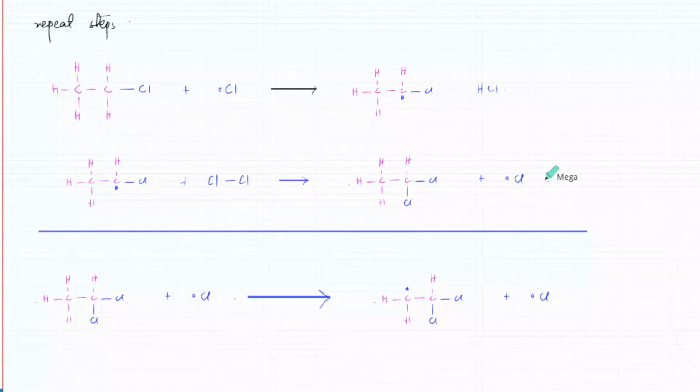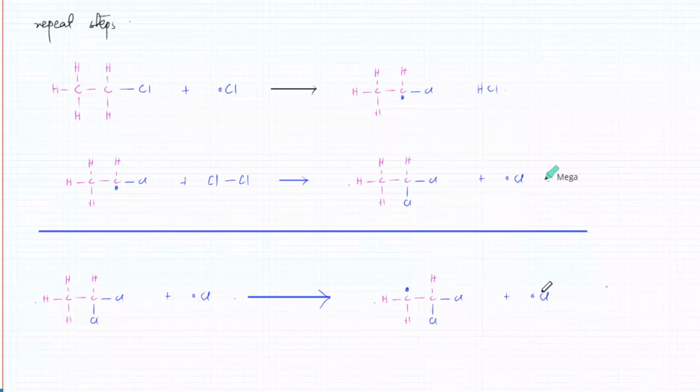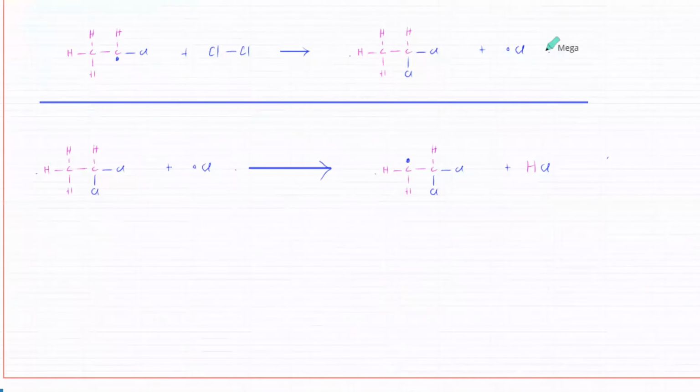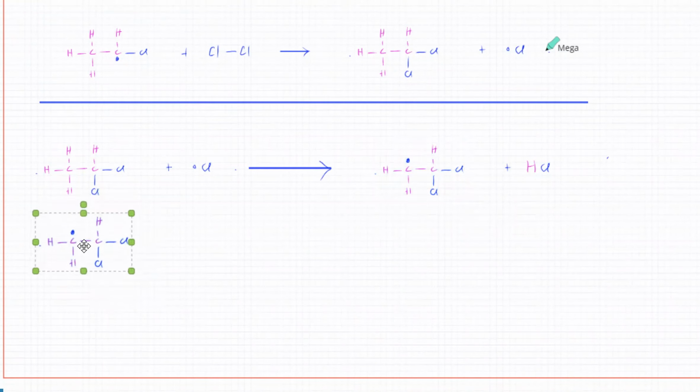That becomes a radical, right? And the H goes to Cl and bonds with it and ends up forming HCl. Now again, you've got this radical. So this radical is going to attack a chlorine molecule and try to gain a chlorine from somewhere. So it just keeps on repeating endlessly, over and over again.